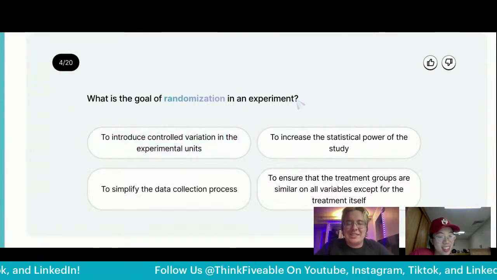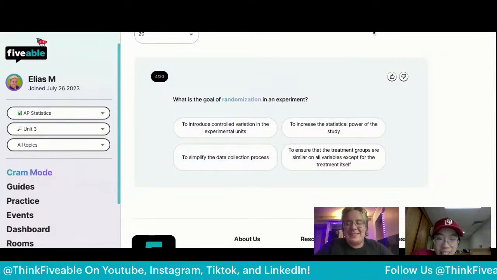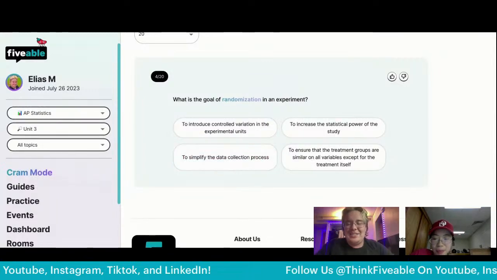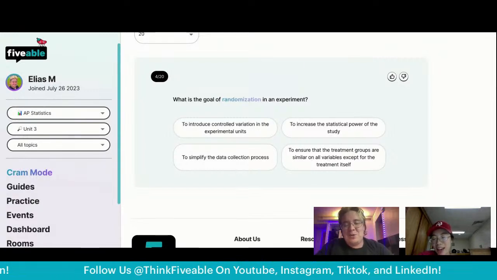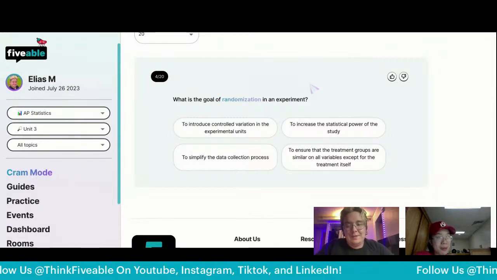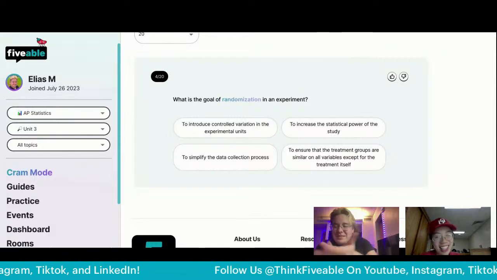What is the goal of randomization? To simplify. Randomizing things does not make things more simple. Fun fact, it just makes it more complicated. Yeah, if I wanted easy, I'd just grab the 10 people nearest to me and forget randomizing things.